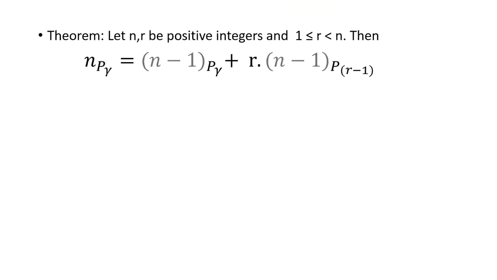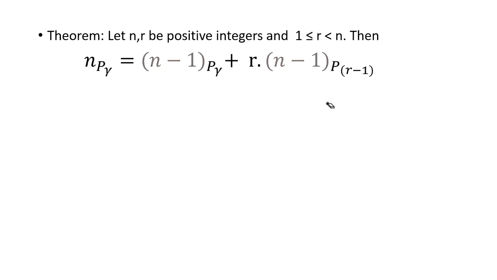Next we have an interesting theorem. If n, r are positive integers with 1 less than or equal to r less than or equal to n, then nPr is equal to (n minus 1)Pr plus r times (n minus 1)P(r minus 1). No need to panic with this result.